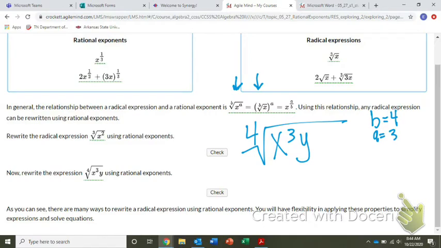So I've got parentheses 4 square root of x, y to the 1/3. But not to the 1/3, to the, yeah. Okay. But, is this really right?